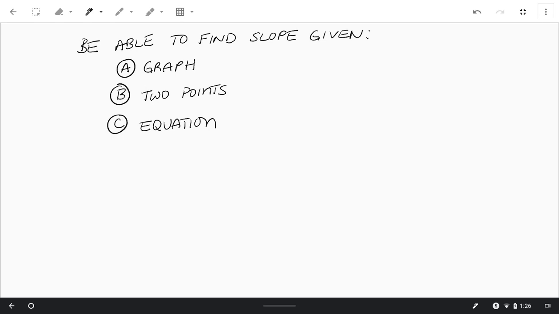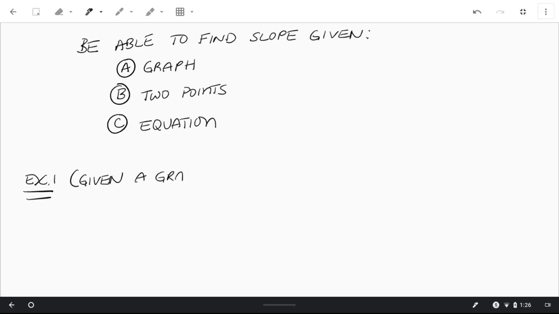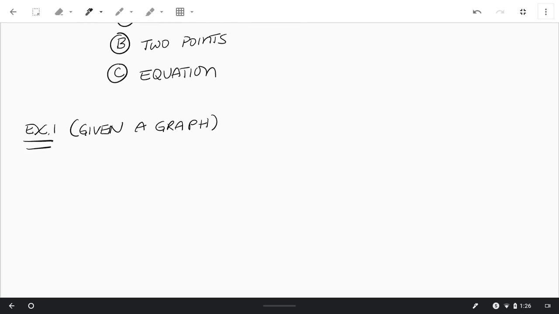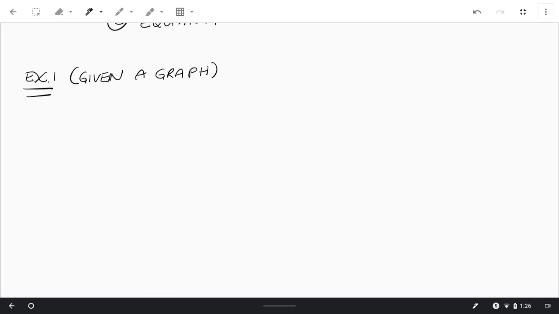Okay, so example 1, where you're given a graph. Okay, so I'm going to go ahead and draw the graph of a line here. All right, and let me just put some tick marks here so you can keep track.